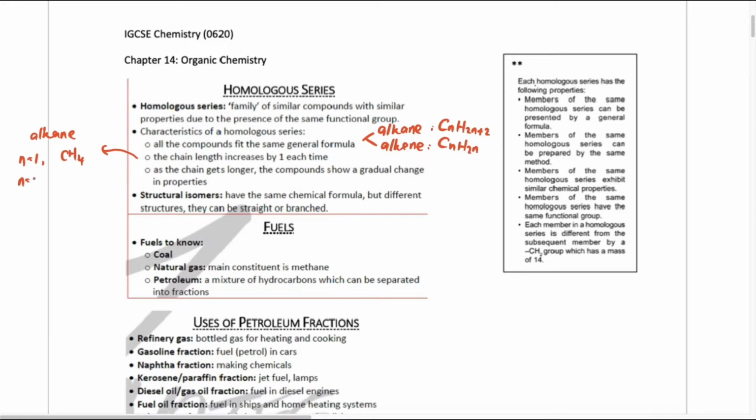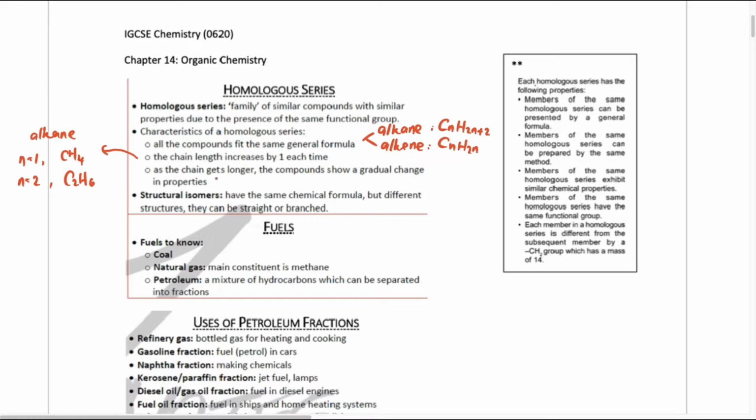The second member, you substitute with 2, then you get C2H, 2 times 2 plus 2 is 6, so C2H6. You can see here the chain length increased by 1, where the carbon increased by 1. Not the hydrogen, but the carbon. The carbon represents the chain length.